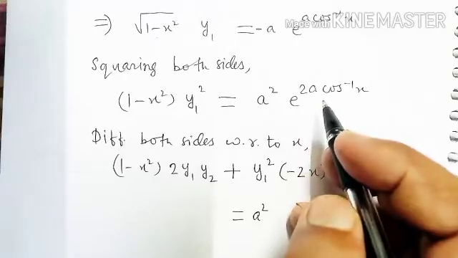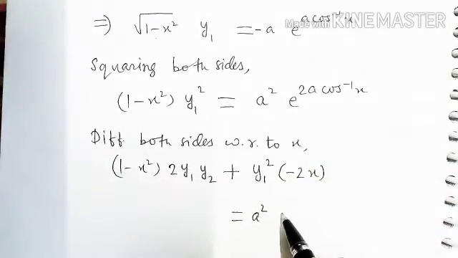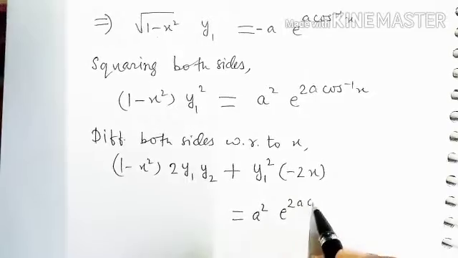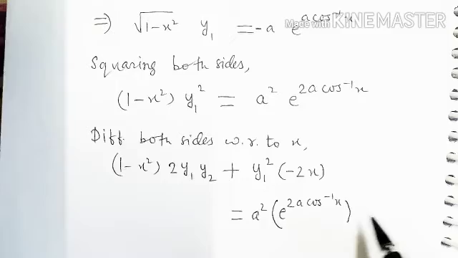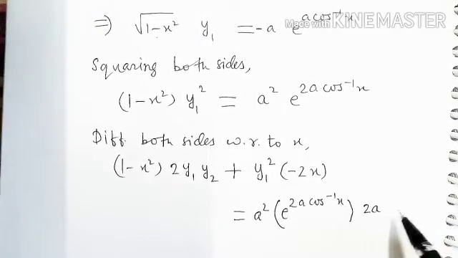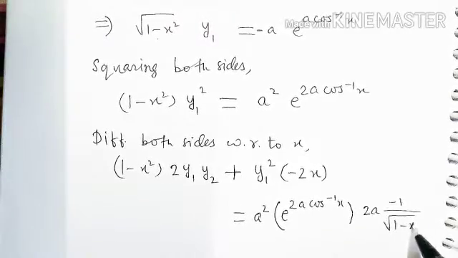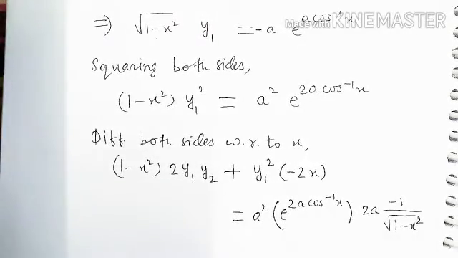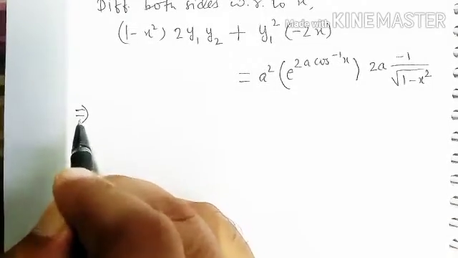Now e to the power 2a cos inverse x, this is a function of 2a cos inverse x. The derivative of 2a cos inverse x: 2a is constant, so it comes out, and the derivative of cos inverse x is minus 1 by square root of 1 minus x square. We take 2y1 common.